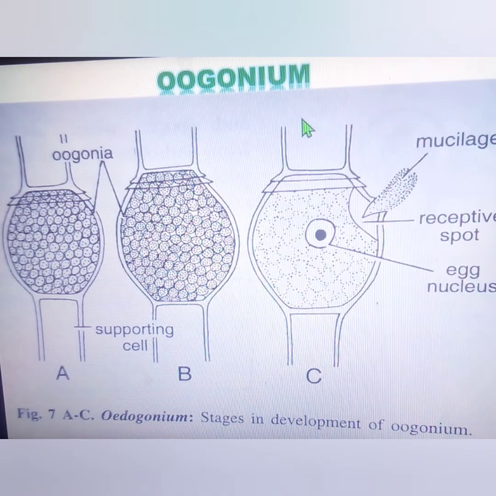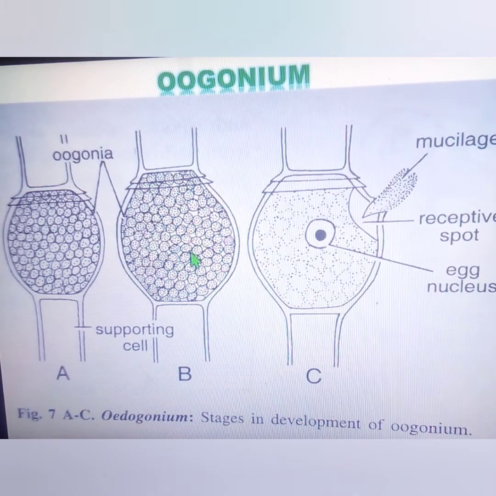In monoecious species, meaning where both the antheridia and the oogonia are on the same filament. But in dioecious species, we know that they are borne on different filaments. In one filament, we will find the oogonium, and in the other filament, the antheridium.